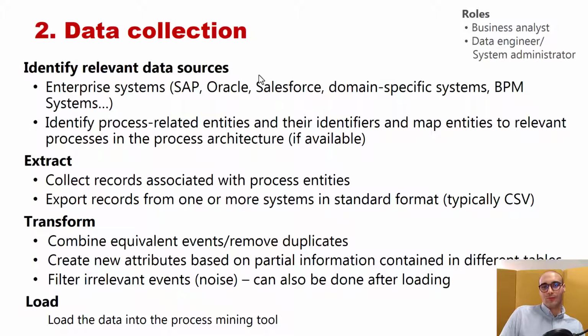After identifying the sources, we extract the data from the database. After that, we perform some transformation, maybe some pre-processing such as joining tables and providing some aggregate attributes. Then we load the data into a specific place, the staging part of the database that the process mining tool will work with.